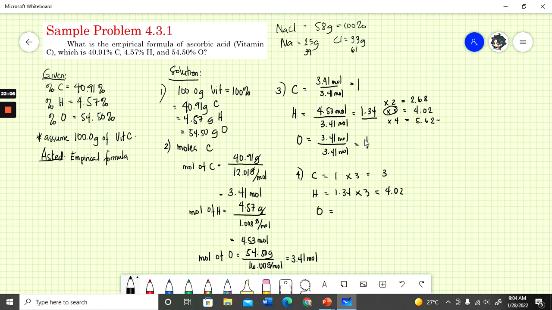And for oxygen, you have 1 times 3, you also get 3. Next, after identifying these, this is basically your smallest possible whole number. So that would give you your empirical formula. So your empirical formula is C3H4O3. So this is the empirical formula for ascorbic acid.